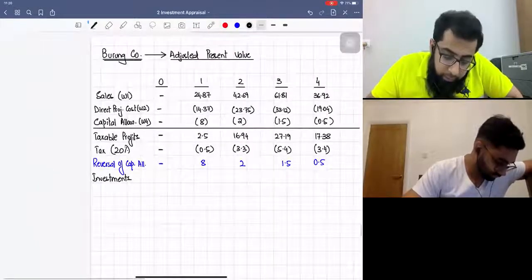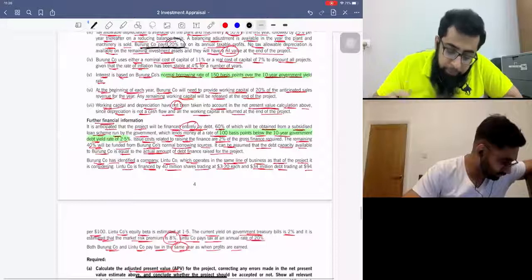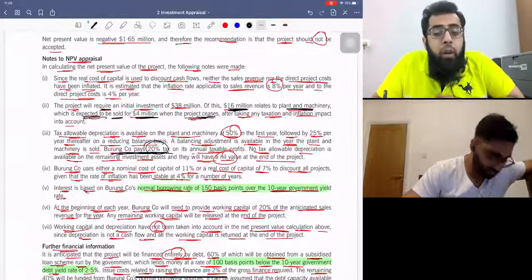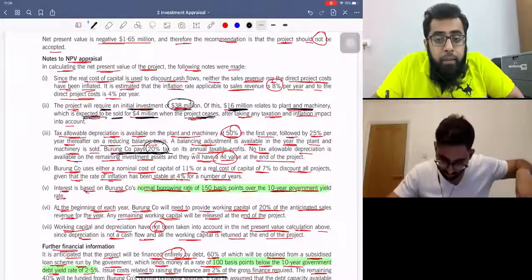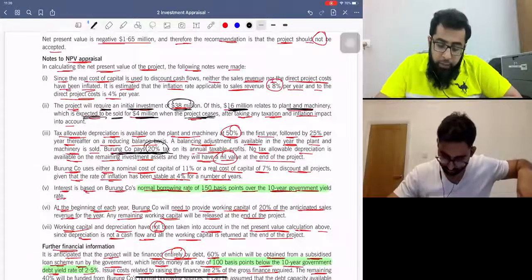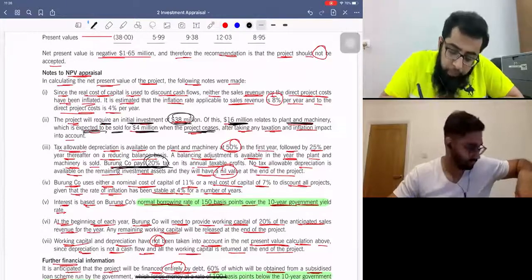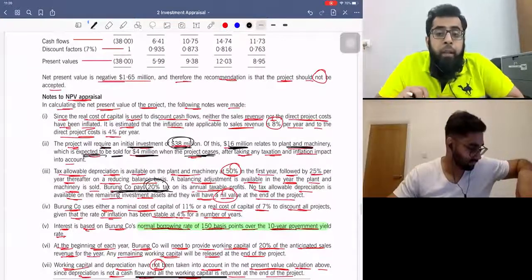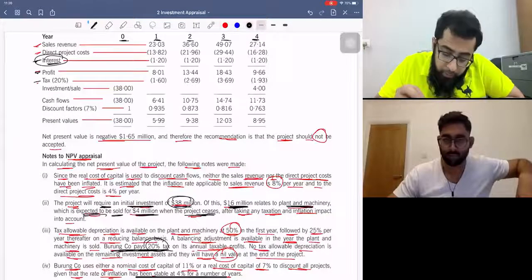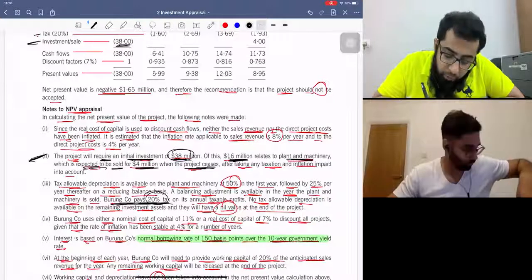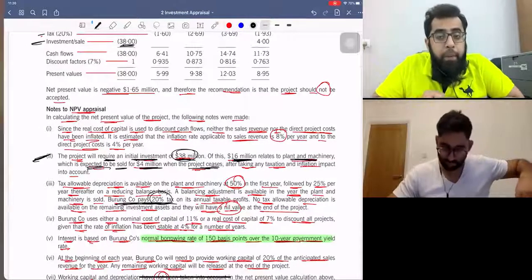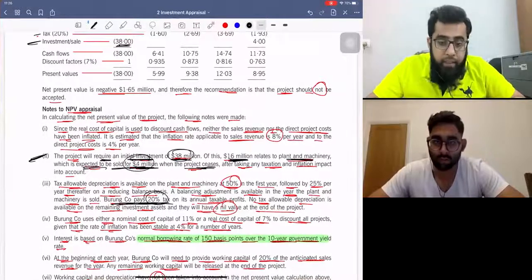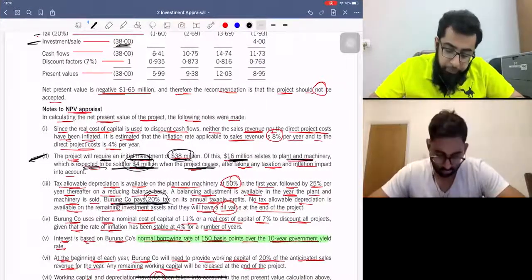The project will require an initial investment of $38 million, and it is expected to be sold for $4 million. So investment is 38 and scrap is 4.